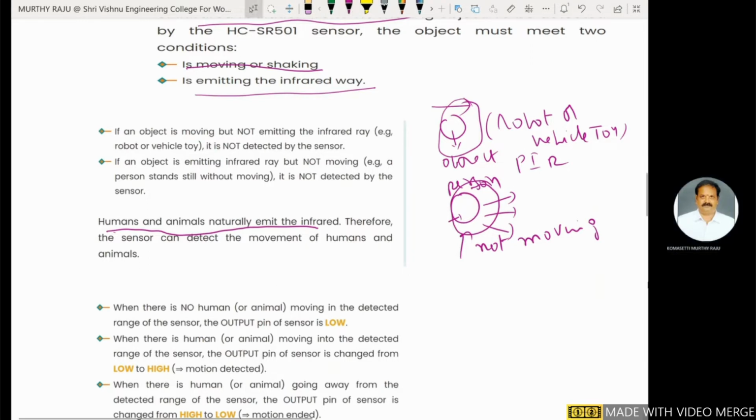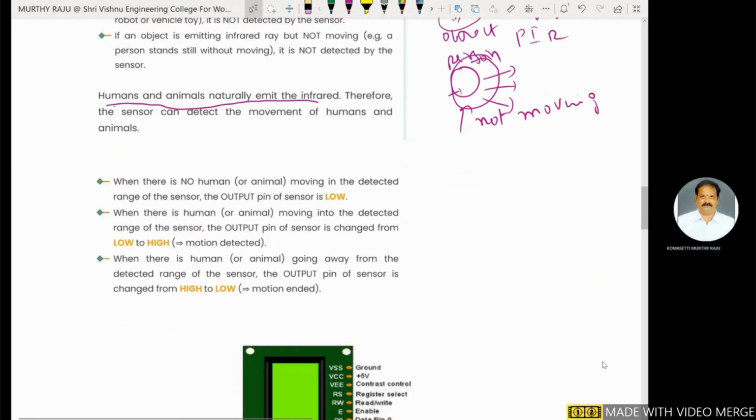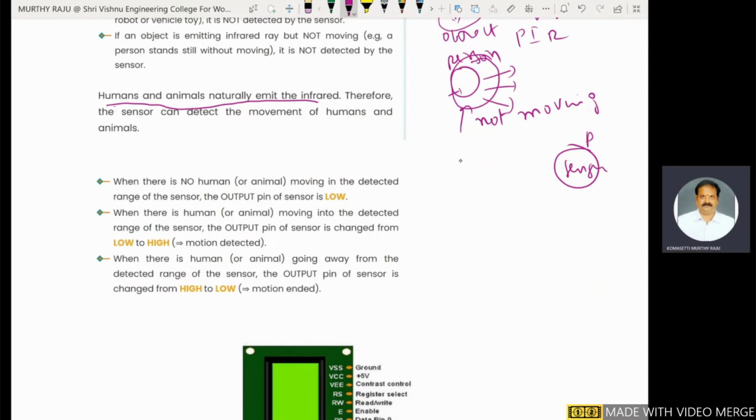Next, when there are no humans or animals moving in the detected range of the sensor, this is the PIR sensor, and this is the range. If no human or animal is moving in the detected range of the sensor, the output pin is low.